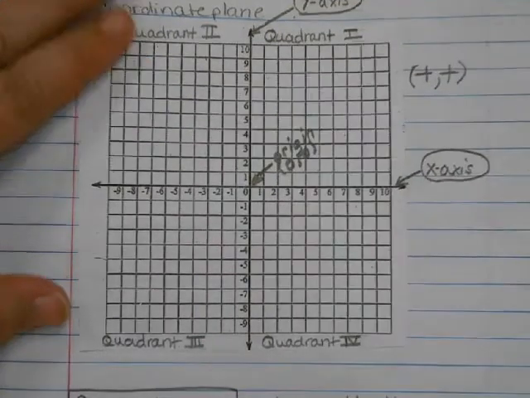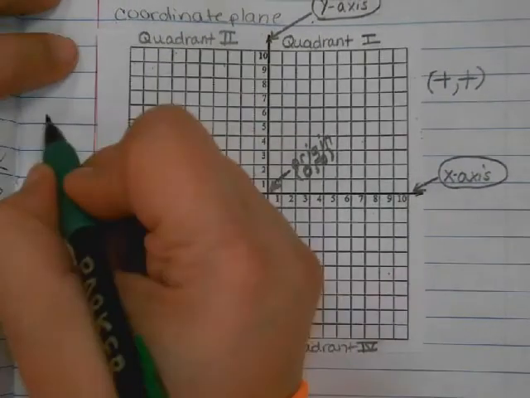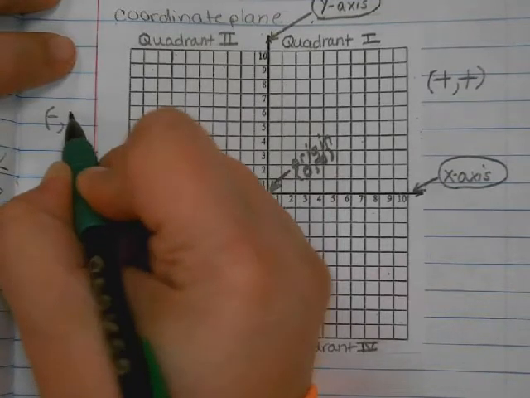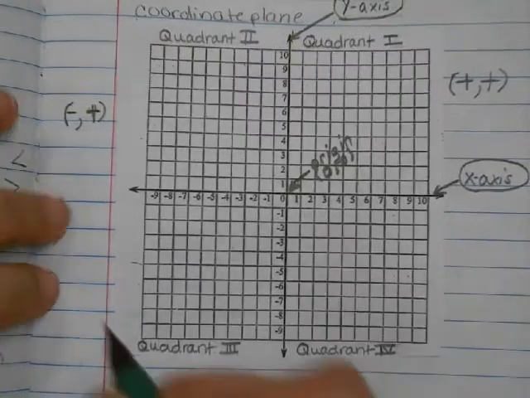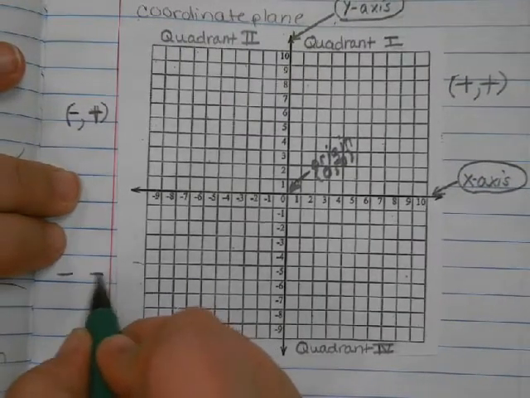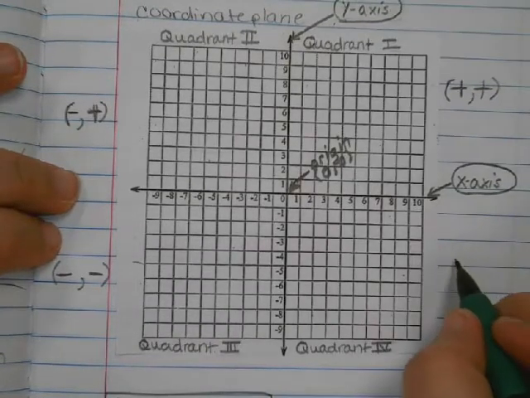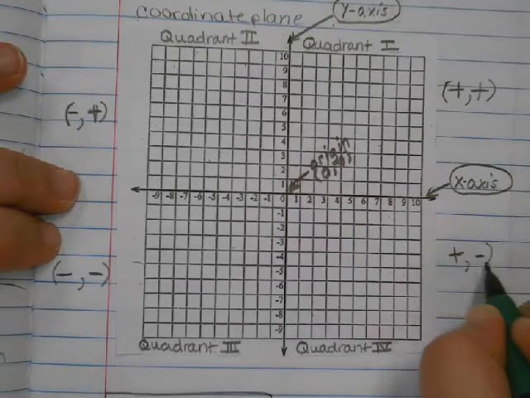Both of those numbers will always be positive. In quadrant 2, your first number will be negative and your second number will be positive. In quadrant 3, both numbers will be negative. And in quadrant 4, your first number will be positive and your second number will be negative.